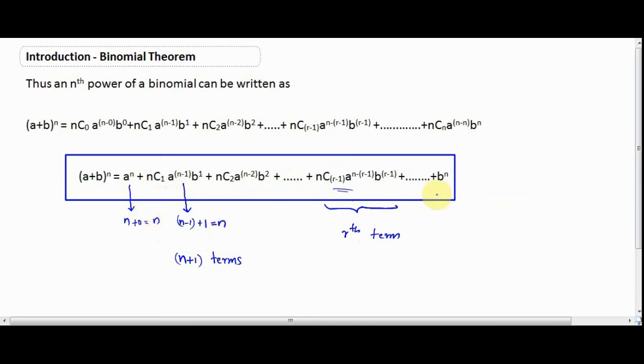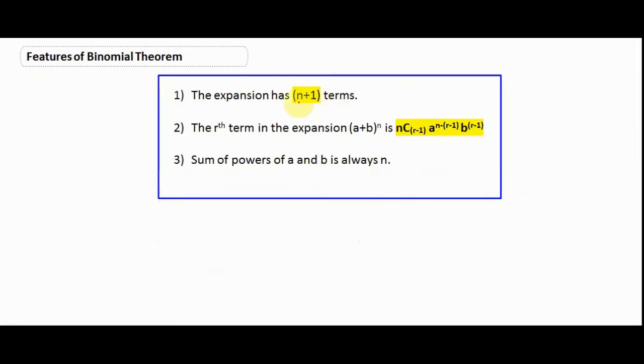Now let's see these features one by one. The first one says the expansion has n plus 1 terms. Second, the rth term in the expansion (a + b)^n is nC(r-1) a^(n-(r-1)) b^(r-1). The third one says the sum of powers of a and b is always n.